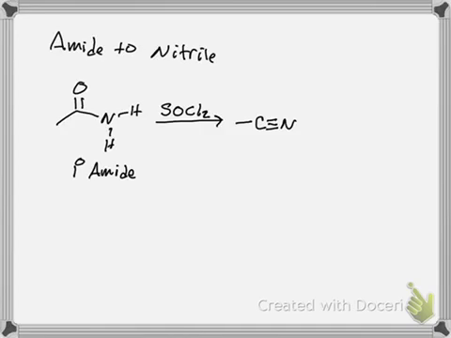Now, because I don't have a very fine stylus, I'm going to click over to the next page and show you this mechanism. It's actually really cool, but maybe I'm just a different breed of cat. To start with, what we've got is this amide.